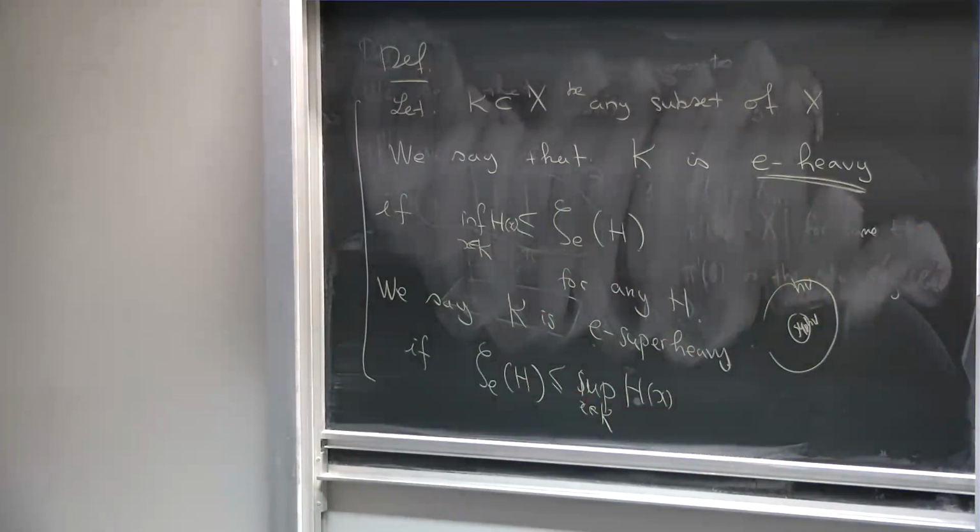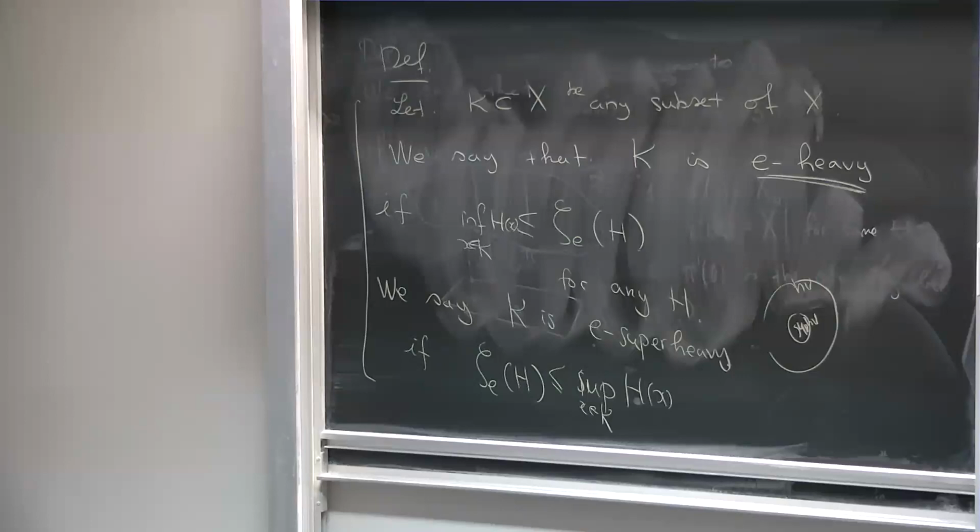And one super basic exercise, but useful, is that two disjoint subsets K1 and K2 cannot both be super heavy with respect to the same class E. It is very easy to see this.